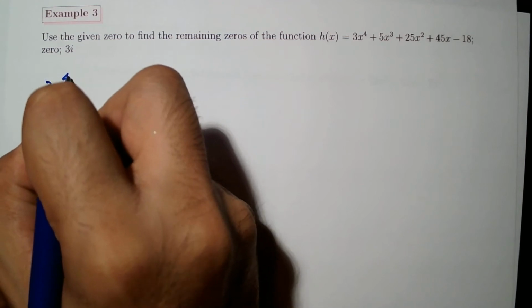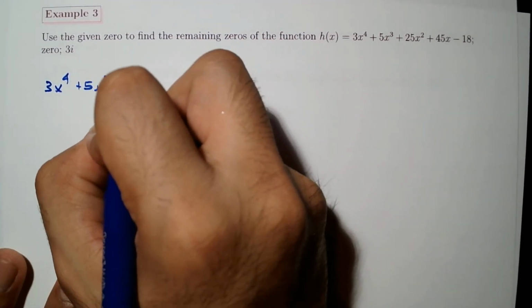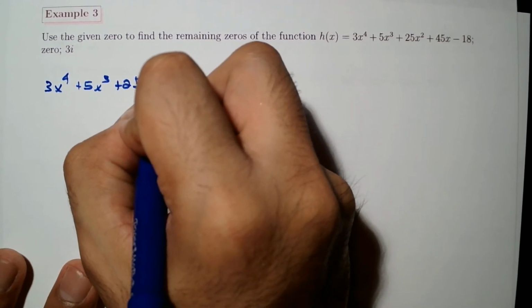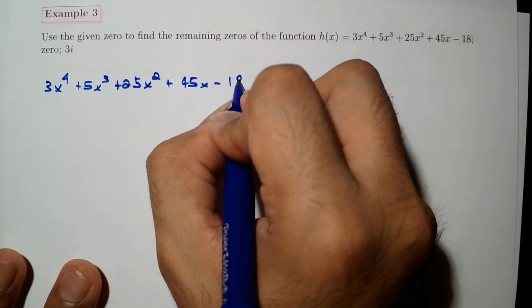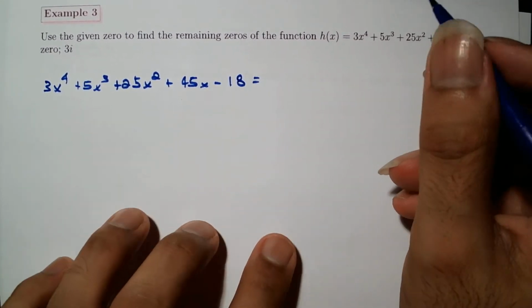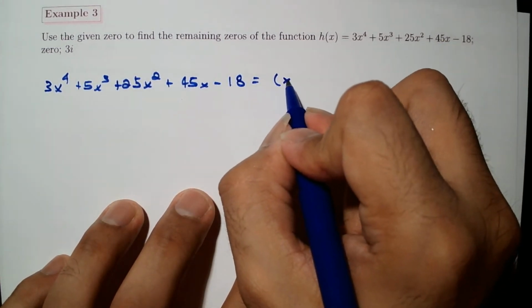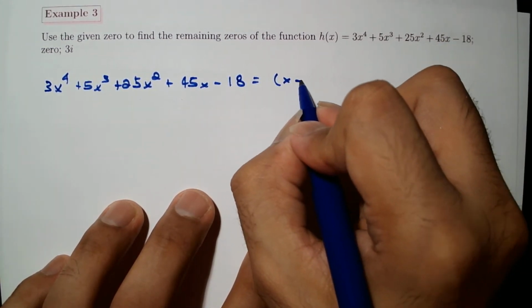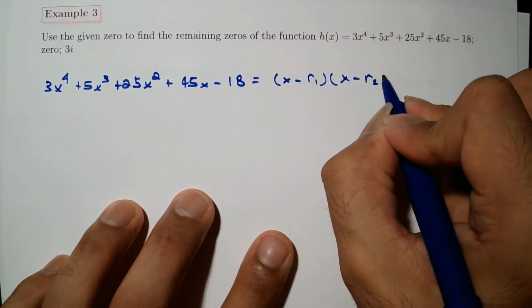So we know that this function, let me write it down, 3x to the 4th power plus 5x cubed plus 25x squared plus 45x minus 18 will be factored into the product of x minus r1, x minus r2.